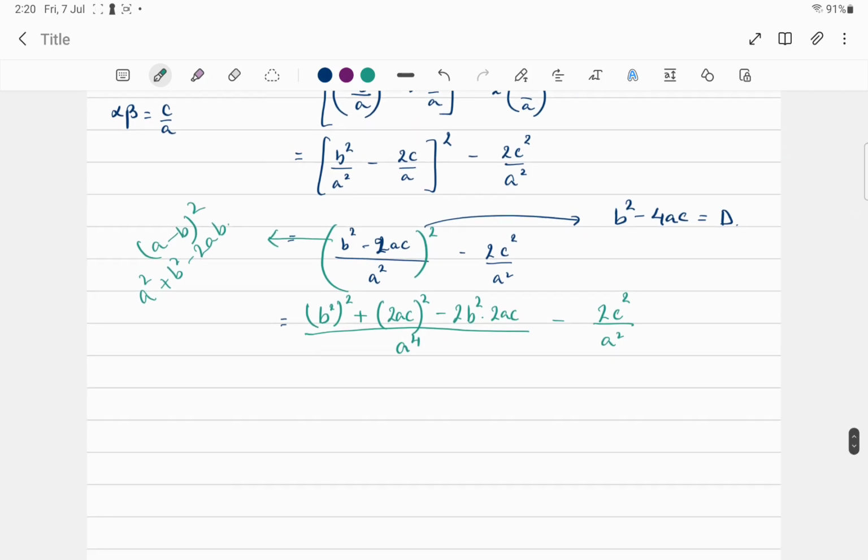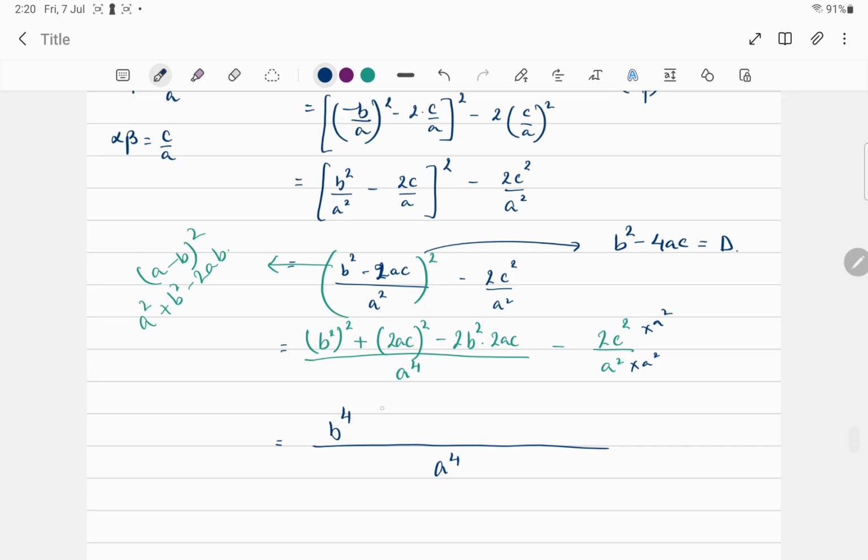Now we have, let's change the color, a to the power of 4. So here we have to multiply by a squared on both numerator and denominator. So b to the power of 4 plus 4a squared c squared minus 4a b squared c.